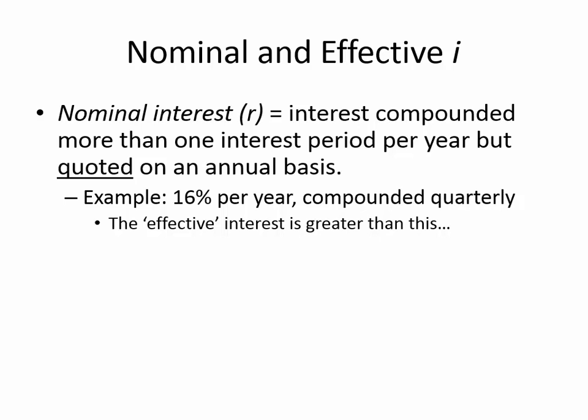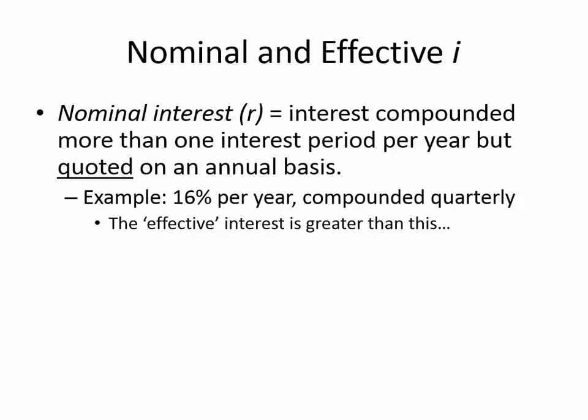So there are specific terms that are used to distinguish between simple interest and compound interest. And the way to do it is to call nominal interest the simple interest, and effective interest is the word that we use for compound.